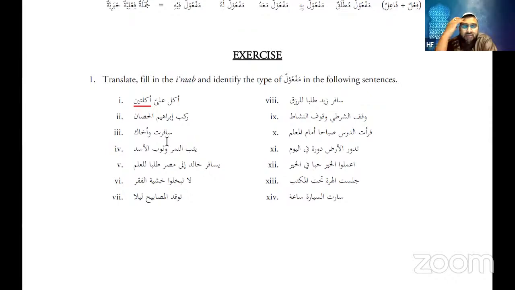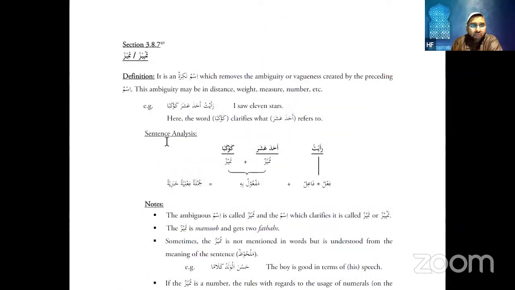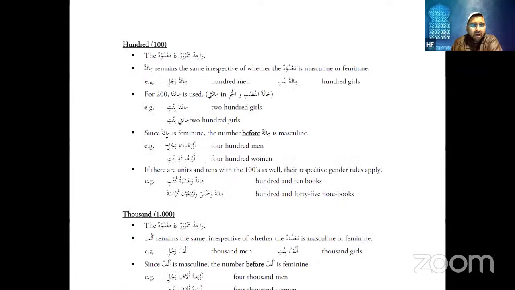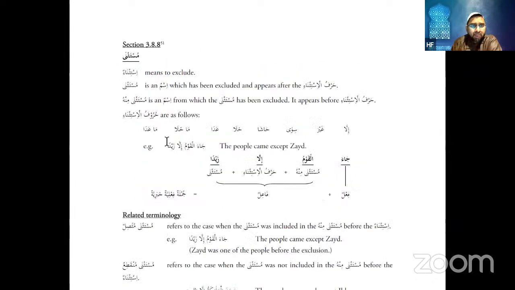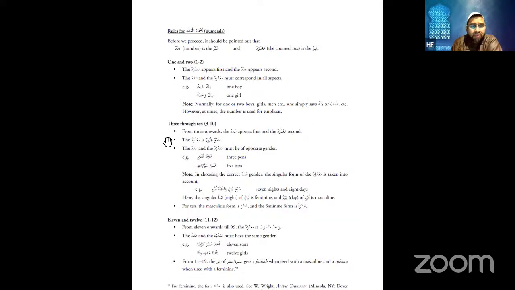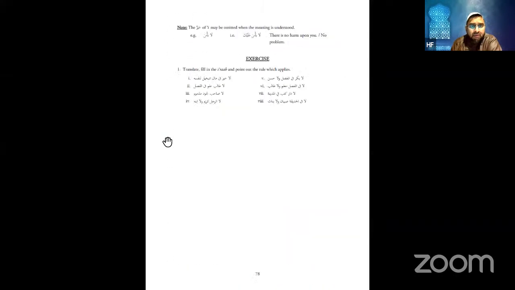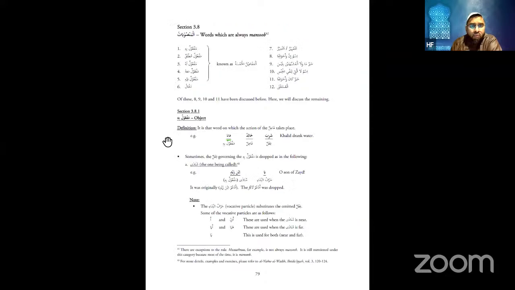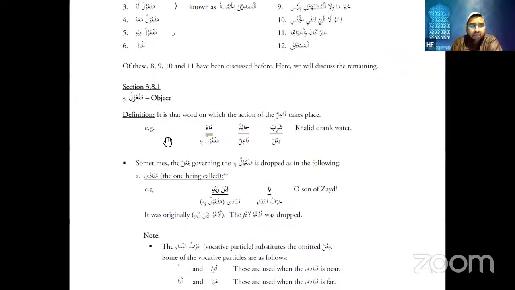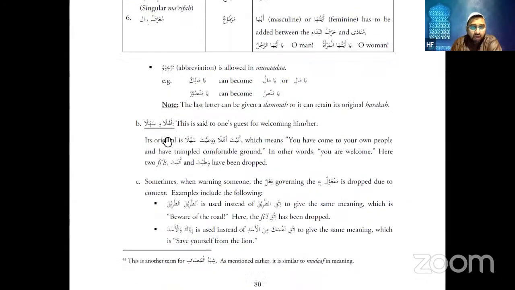So eating twice. What type of maf'ul is this? Remember, we started off with the direct object, maf'ul bihi, and then after maf'ul bihi, we did maf'ul mutlaq.